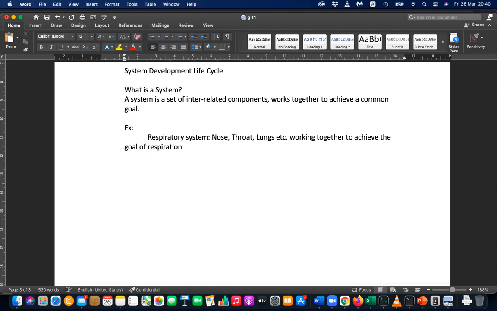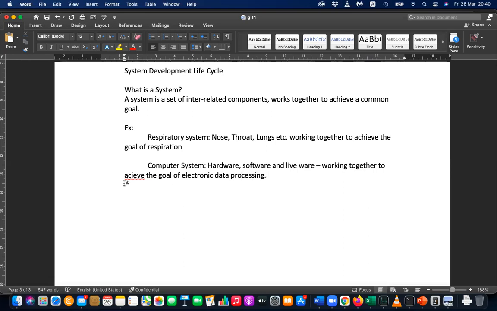So let's take a computer system. In a computer system, you have hardware, software, and liveware. Those are also working together to achieve the goal of electronic data processing. Electronic data processing, that is the goal.